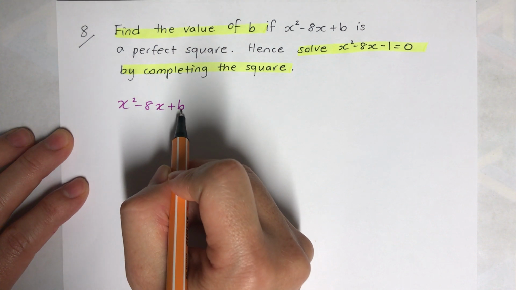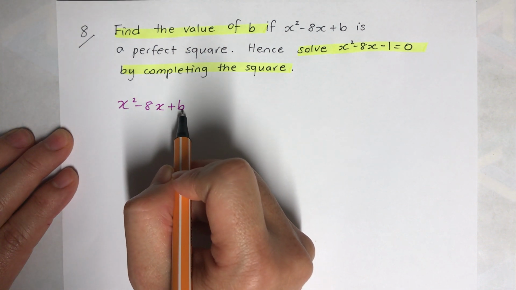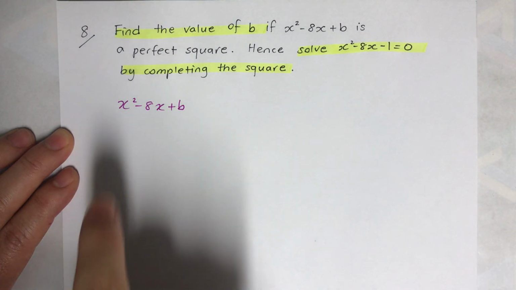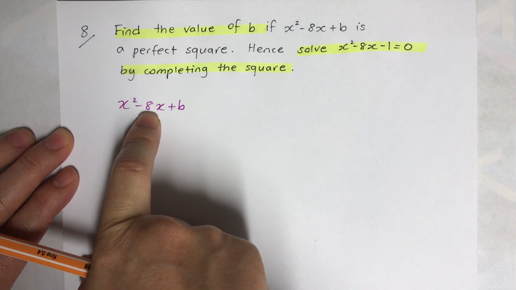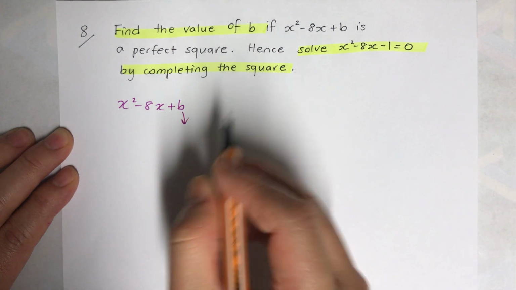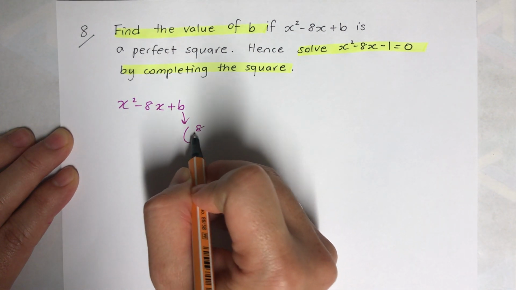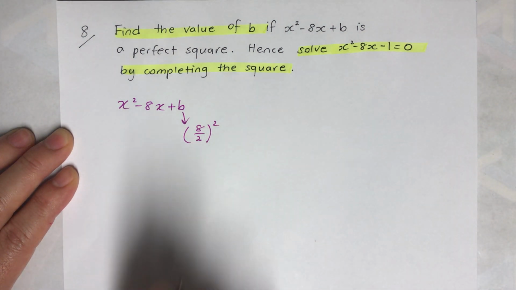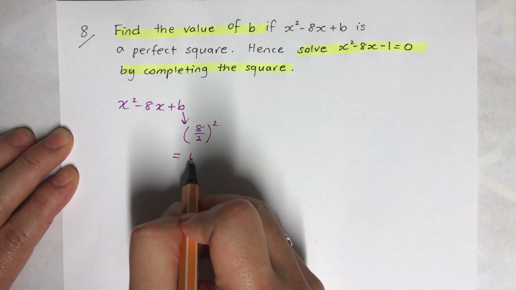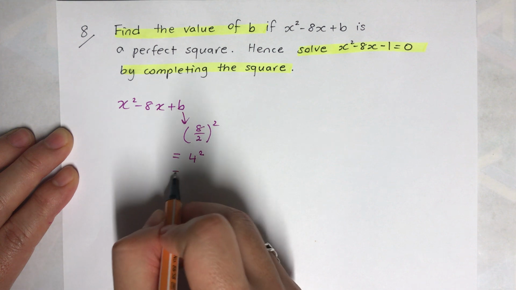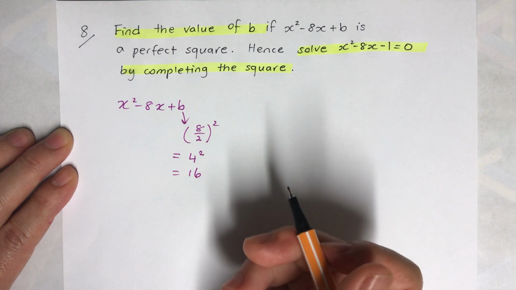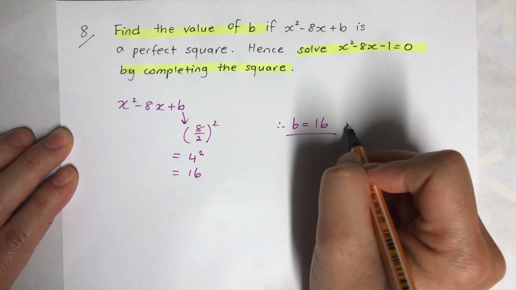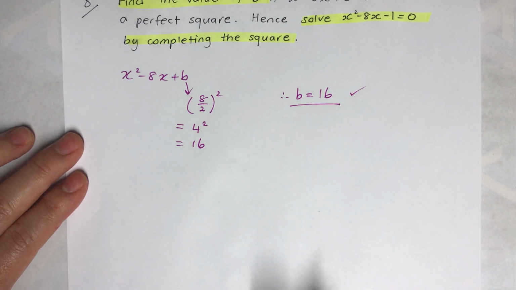The last term is the square of half of the coefficient of x. So this will be half of 8 squared, which is 4 squared, which is 16. So therefore b equals 16. Okay, so that's done.